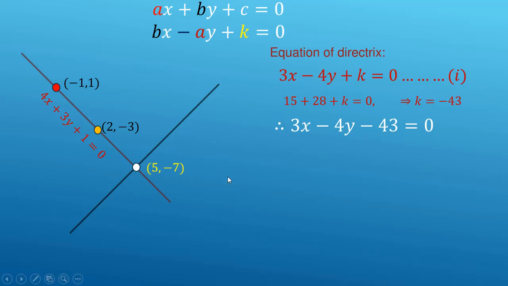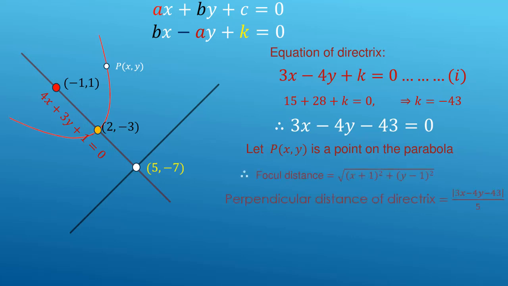You just have to take a point (x, y) on the parabola, then find the focal distance, then the perpendicular distance from the directrix. Then you just say these two distances are equal, form the equation, then simplify it. All done. I believe you can do the rest.